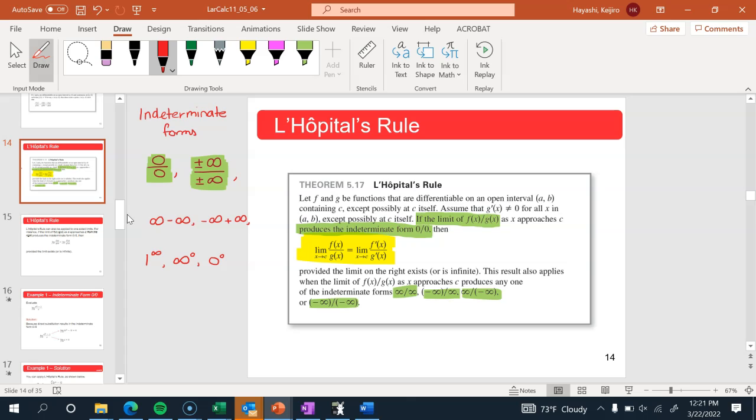But not 0 to the power of infinity. That's probably all the good ones. Okay.